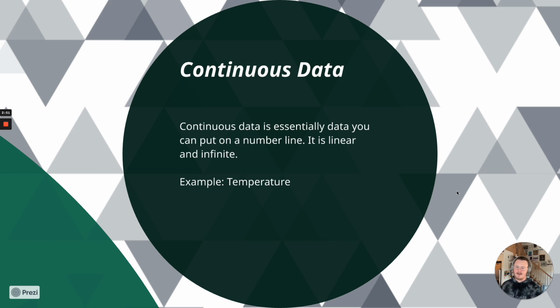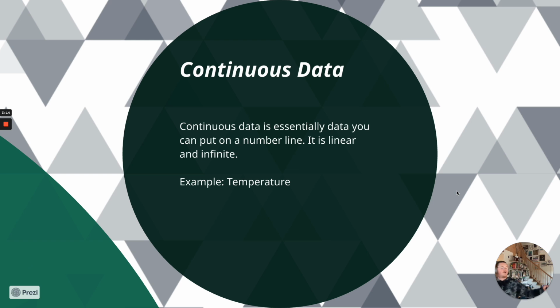So continuous data is numeric data. It's just going to be numbers. But continuous data is essentially data you can put on a number line. It's linear and infinite. Temperature is an example. You can measure the temperature outside, but there's always going to be a precision to it, and that can be really hard to measure. Like we say, oh, it's 34 degrees outside. It's not, it's a little warmer than that today.